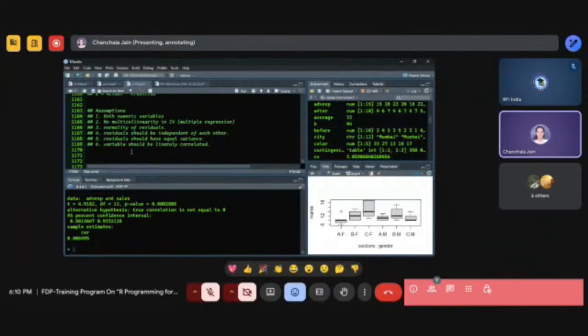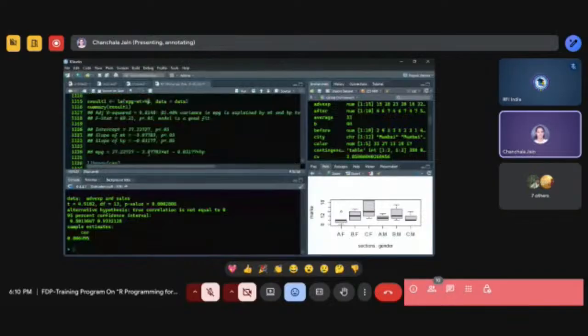That means it is seen after performing regression, because only once you have performed the regression can you see the residuals. So you need to check these things after performing the regression. Till here I am clear, everyone?